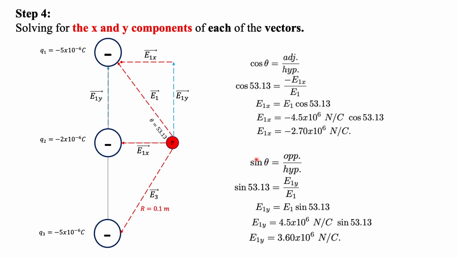And note that this should have a positive sign, since your E1y vector, the blue one here, is actually on the positive y direction in your new coordinate axis. All right. So we have solved for the components of E1. We are still to solve for the components of E2 and E3.